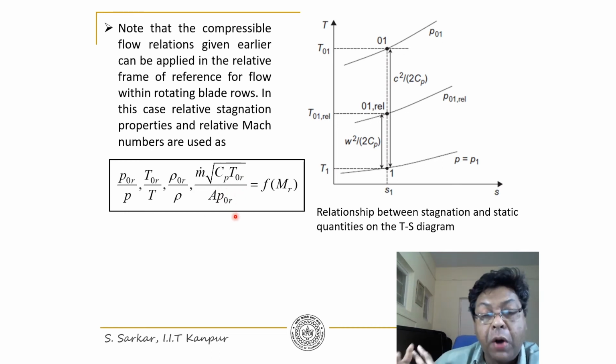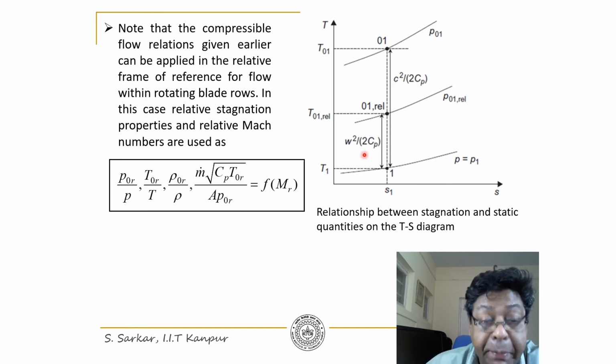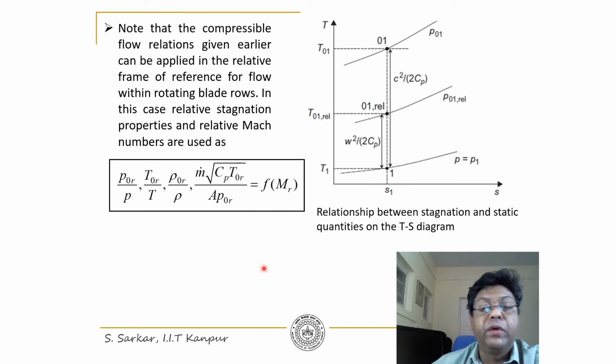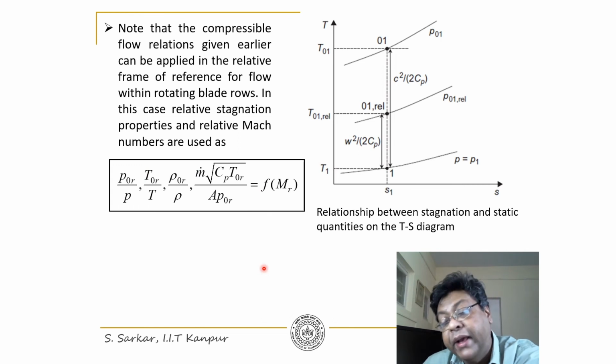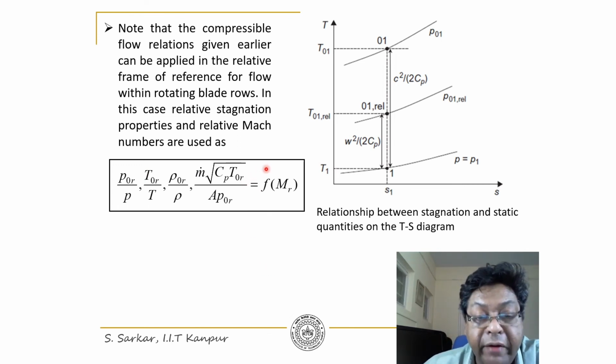So the ratio of total quantity by static quantity in relative frame of reference, and the capacity expressed in relative frame of reference, can be expressed as a function of relative Mach number. So I have written F of MR.